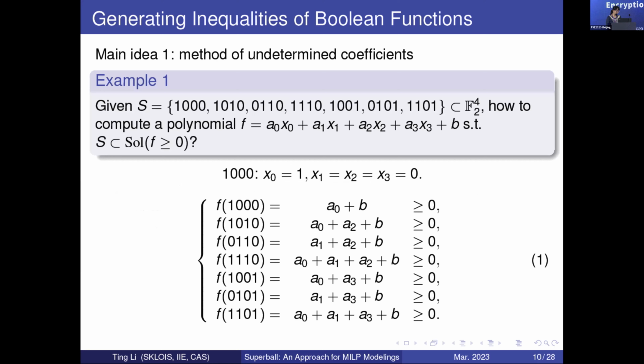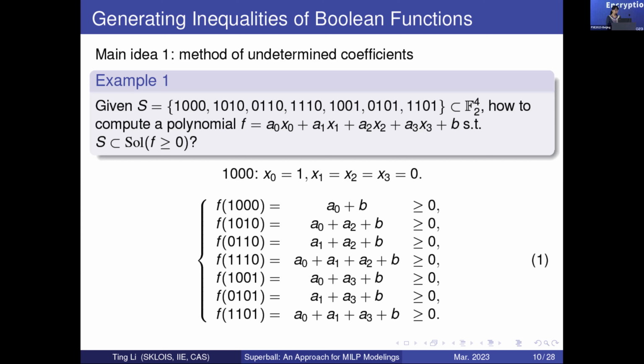For example, here 1000 means that x0 is 1 and the other bits are 0. To ensure that f is non-negative on all the points in S, we can regard the coefficients a_i and b as unknowns, and we formulate the following constraints. The constraints ensure that f is non-negative on all the points in S.